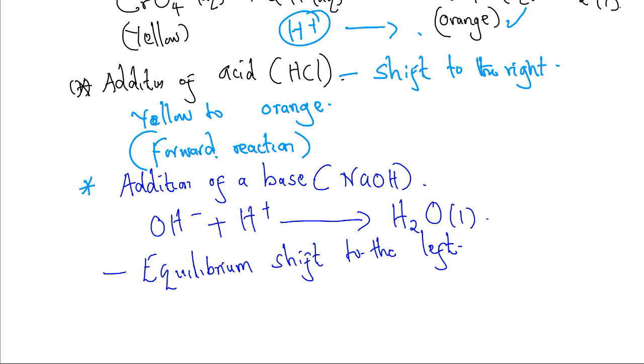And that's why the observation is that the color changes from orange to yellow, or you can say orange dichromate ion turns to yellow chromate ion. And we have said that is because the backward reaction is favored in order to oppose the effect of removal of hydrogen ion in the system by use of sodium hydroxide.